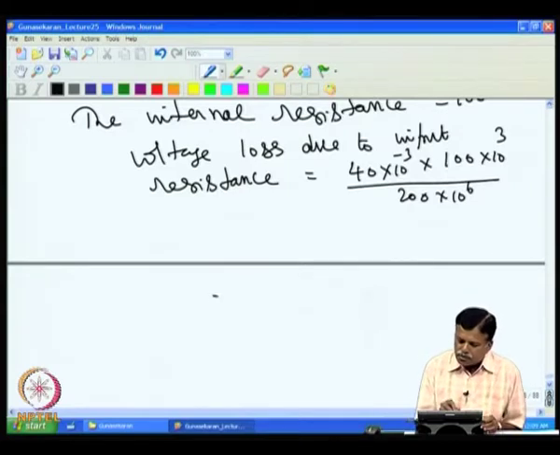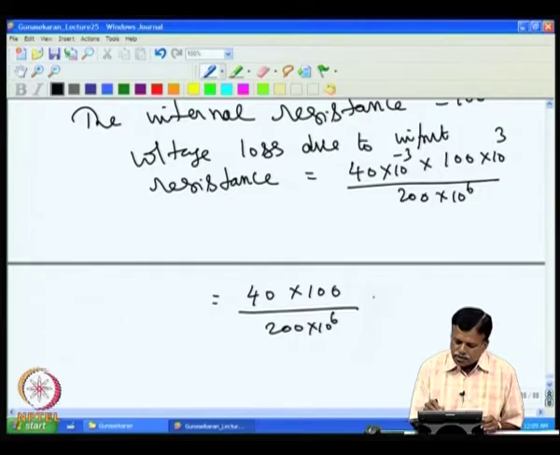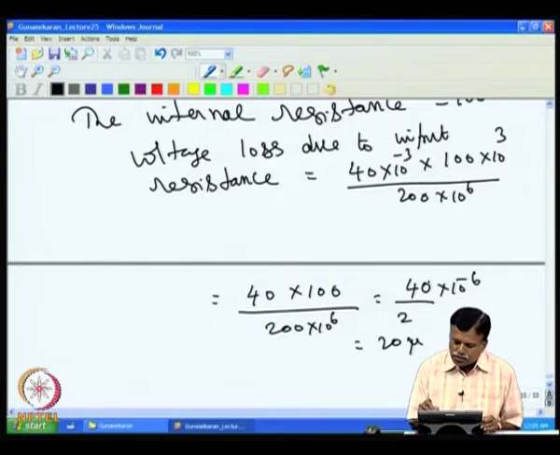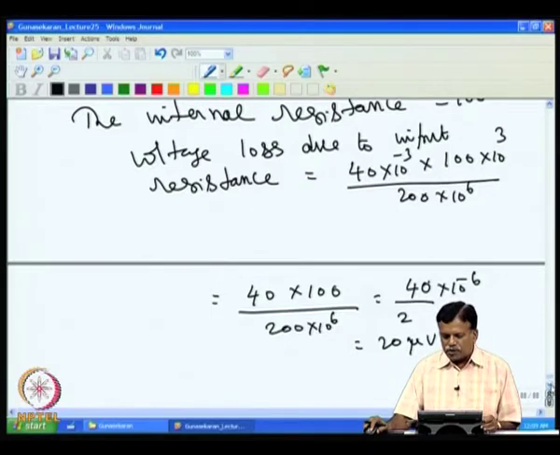That works out to be 40 into 100 millivolt, and this gets cancelled, and then you have 200 into 10 power 6, that works out to be 40 divided by 2 into 10 power minus 6, that comes to 20 microvolt. So, we have lost due to internal resistance only 20 microvolt.